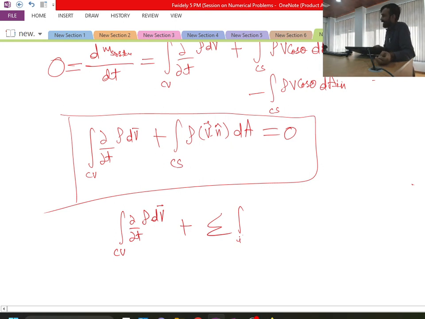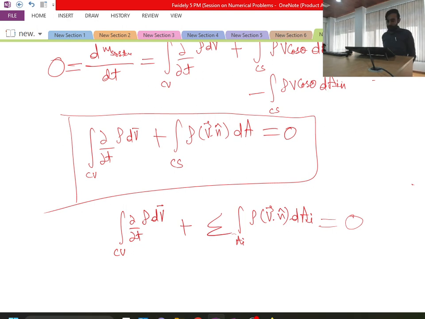So integration over A i, the area i, of rho v vector dot n cap into dA i. Point is clear. This must be equal to 0. So this is for finite sized inlets and a finite number of inlets and outlets.